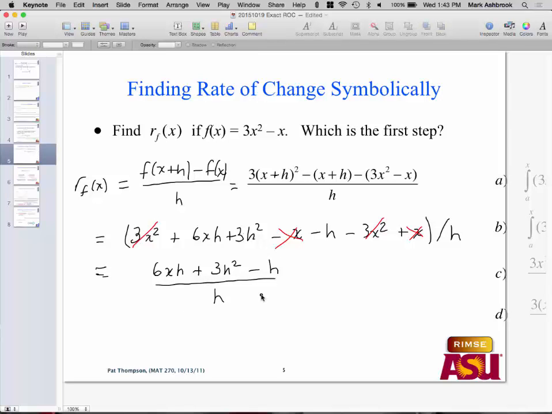Still doing good? Now that I have all h's, I can factor out h. And when I factor out h, h over h is 1. And I'm left with 6x plus 3h minus 1.